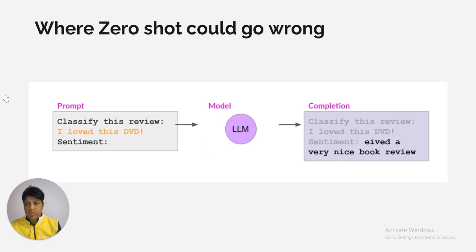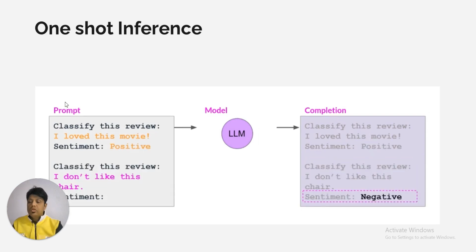Now, what is the problem with zero shot inference? There could be a case where the model doesn't have this prior knowledge, or doesn't understand your prompt. In this case, if you ask the model to classify this review, "I love this DVD", and the sentiment, but somehow it didn't understand the context and gave you random stuff. So how to prevent this situation?